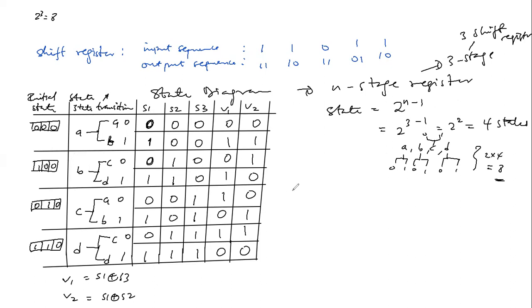So it means that we have 4 states. We have A, B, C, and D. Okay. Now, the first thing here is that A leads to A. So there's a connection.